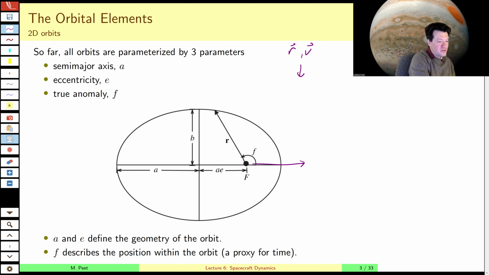Then we'll use those position and velocity vectors to get angular momentum and eccentricity, which will allow us to define the orbit in three dimensions, and then we can use those to get the remainder of our orbital elements. We already got a and e from the magnitudes of these two, and now we'll also get semilatus rectum, argument of periapse, inclination, and right ascension of ascending node. Not in that order, actually. Argument of periapse comes last, but maybe you'll forgive me that little lapse.